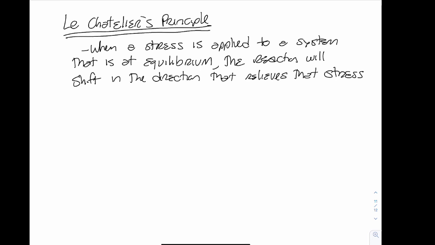So again, we're at equilibrium, it gets knocked out of equilibrium. A stress is applied, something happens that makes it no longer at equilibrium. The reaction will then shift in whatever direction it needs to get back to equilibrium, in the direction that relieves that stress. We're going to look at three different things that stress can be. One is changes in concentration.